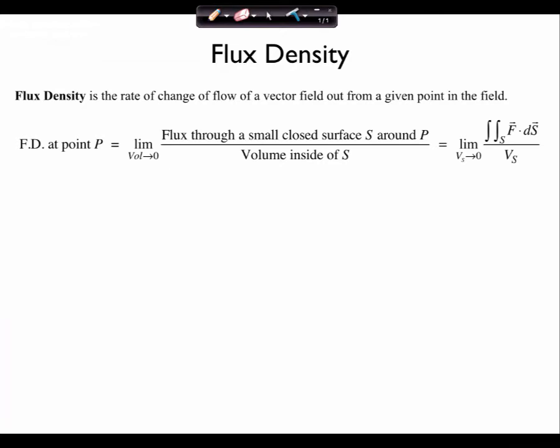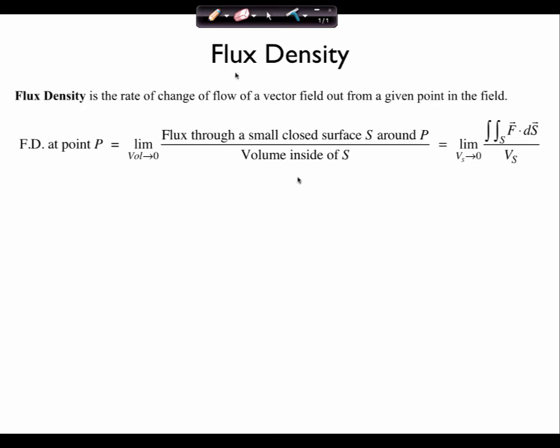What we do to find that is take a small closed surface around P, like a sphere is a good thing to do, and you take the flux out from that surface divided by the volume inside S. So it's a ratio of the flux out through the surface to how much volume is inside S.